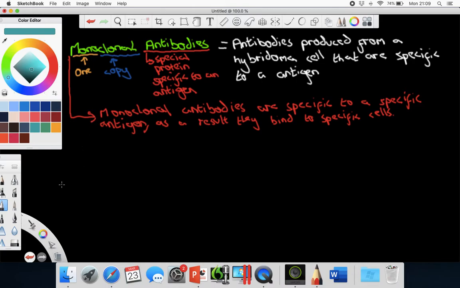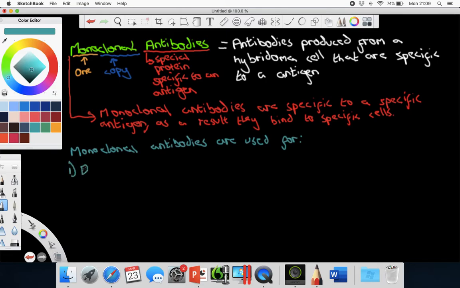So we can put monoclonal antibodies are used for. The first thing they're used for is diagnosis.